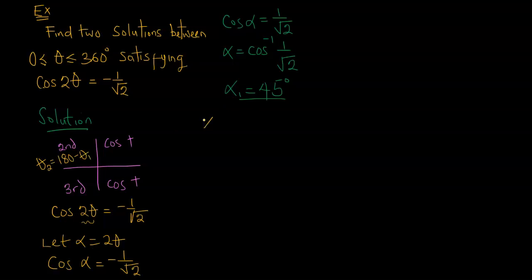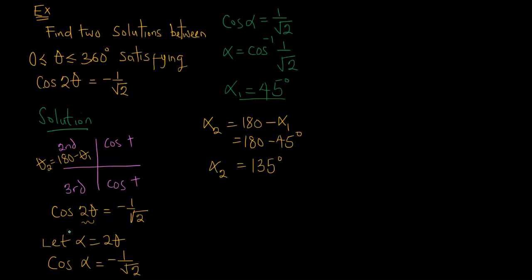So here I would have that alpha 2 equals 180 minus alpha 1. So this is going to allow me to obtain the equivalent angle of 45 degrees in the second quadrant. Since alpha 1 is 45 degrees, this is 180 minus 45 degrees, and this is 135 degrees. So what this tells us is that 135 degrees in the second quadrant is equivalent to 45 degrees in the first.